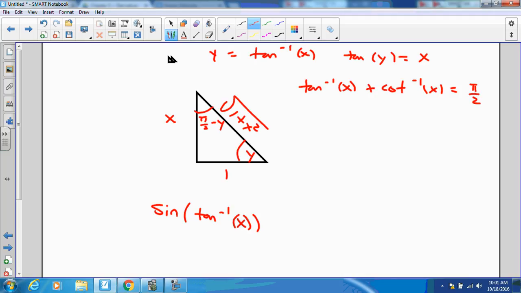If I create for myself a right triangle that represents inverse tangent of x, like so, so I have an angle y whose tangent is x, then I can evaluate the sine of that angle y by using the Pythagorean theorem to solve for the third side, and then doing opposite over hypotenuse.